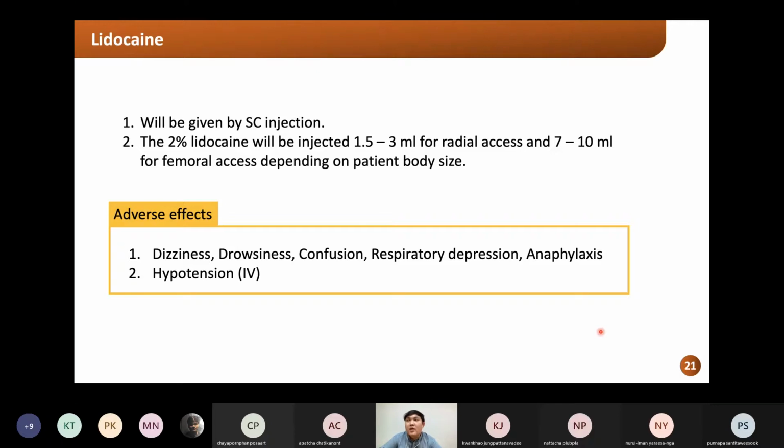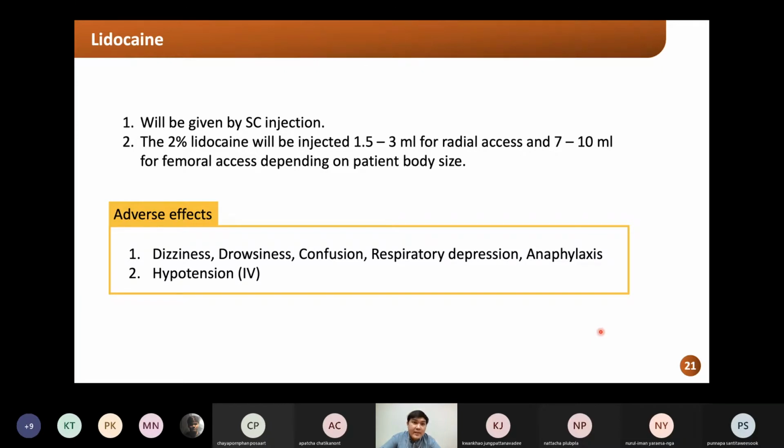I'm going to tell you briefly about this drug, but anyway, you have to remember the dose as well, because you have to know why lidocaine is important in the cath lab: it is used to relieve the patient's pain while the doctor punctures or inserts the catheter into the artery.